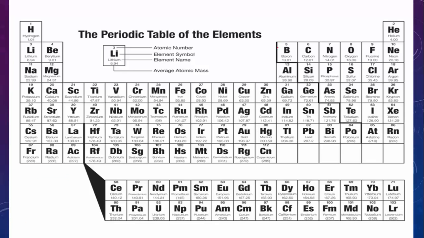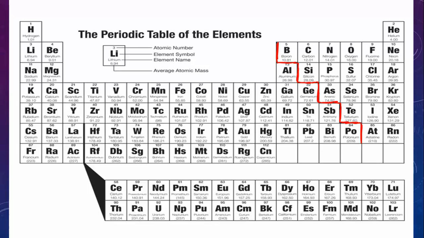Now, the first thing I want you to do is make sure that you have clearly outlined the separation line between the metals and the non-metals. So if you haven't done that so far on your periodic table, do that now.